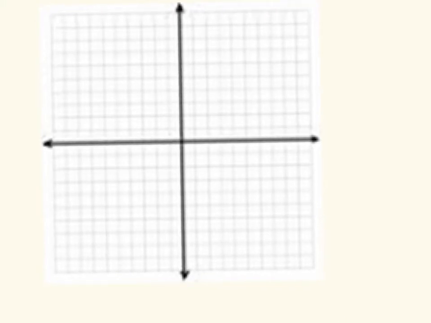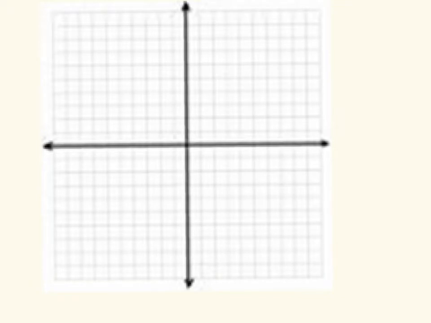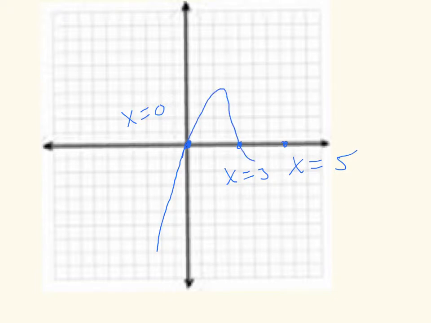So what I'd have now is a 0 right at x equals 0, 1 at 3, and 1 at 5. That right tail is going up, all right? And again, there's no double zeros, so I know it will cross here, and cross here.